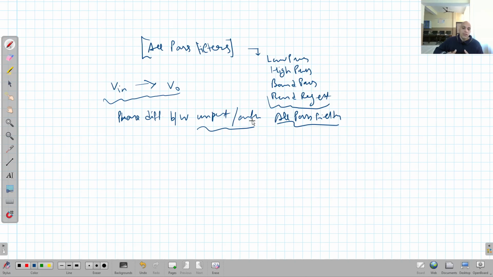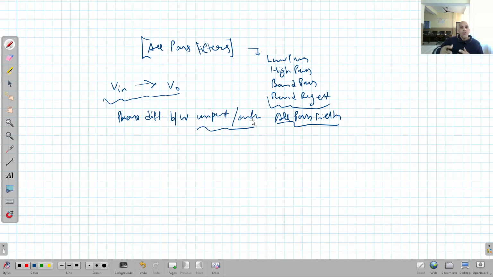When we send a signal from one place to another, there can be a distortion in the signal that results in the phase alteration of that signal. I mean, the phase of that signal is shifted. So we can use this filter for correcting that phase.